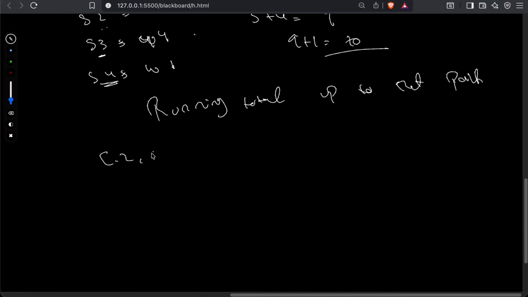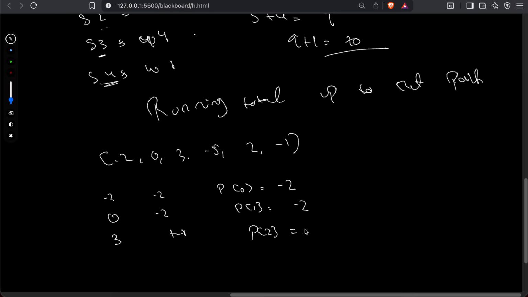If we have -2 0 3 -5 2 -1, prefix is just the running total of all numbers. We start from 0, add -2, so total is -2, so prefix of 0 is -2. We add 0, so total is -2, so prefix of 1 is -2. We add 3, total is 1, so prefix of 2 is 1.